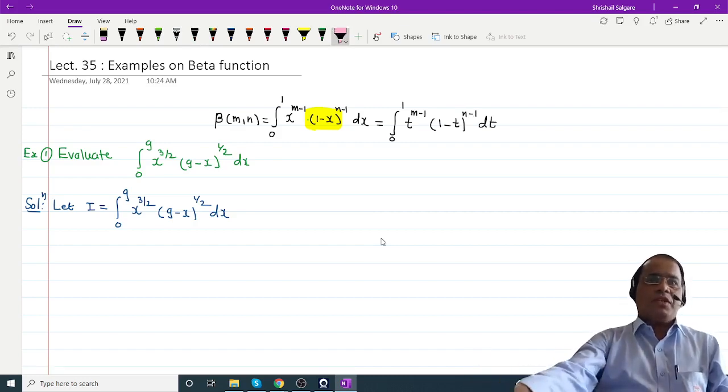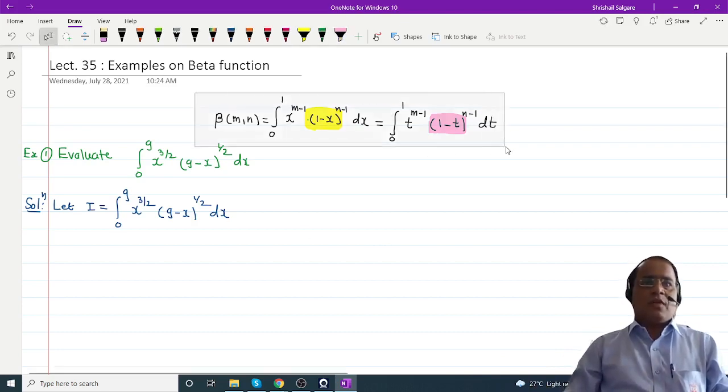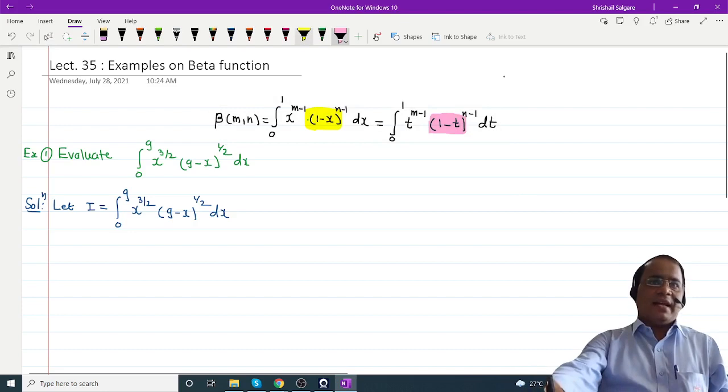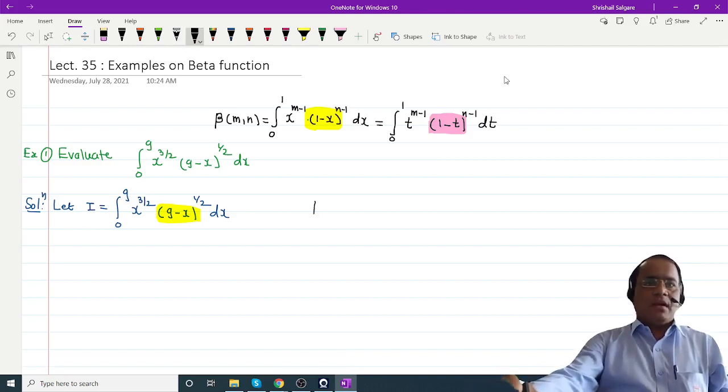My focus should be to obtain this term, that is called the kernel, and at the same time the limits of the integral are also from 0 to 1. I will highlight the term. Focus on this term. To obtain the kernel as 1 minus t, what will be the substitution?